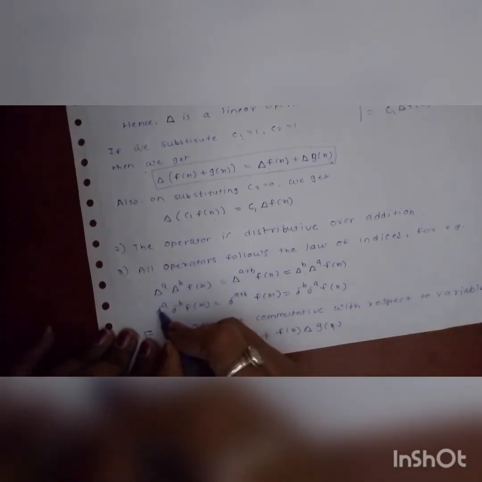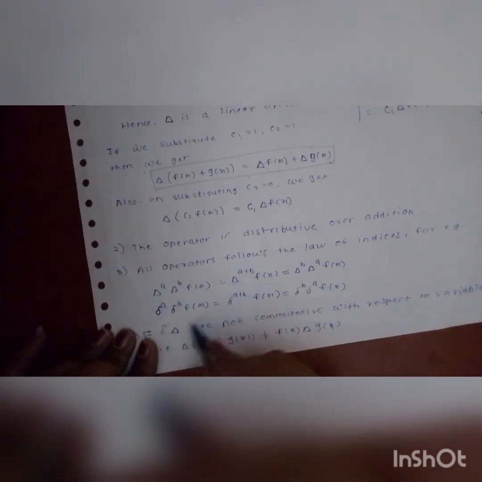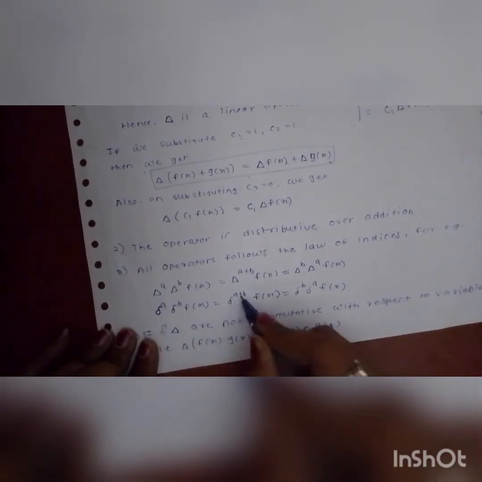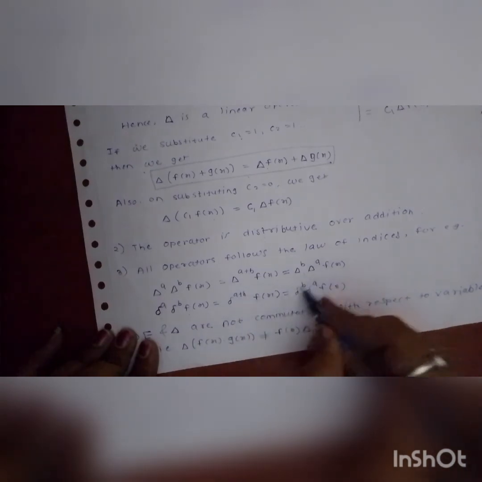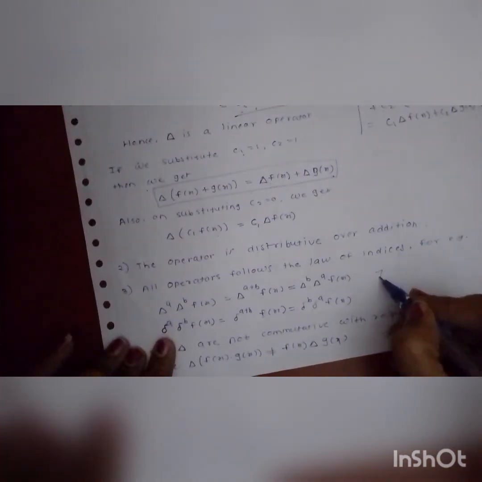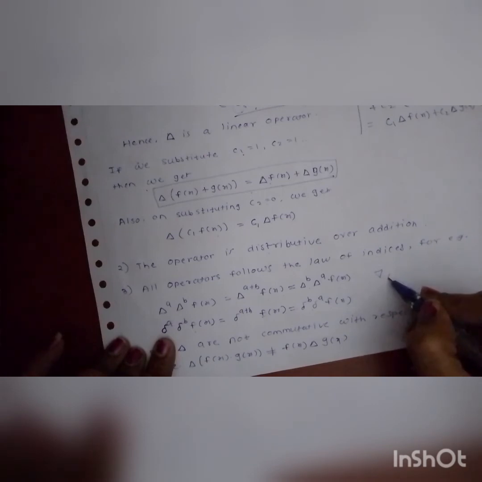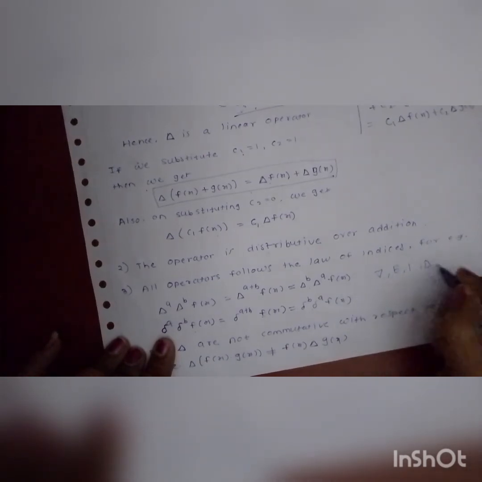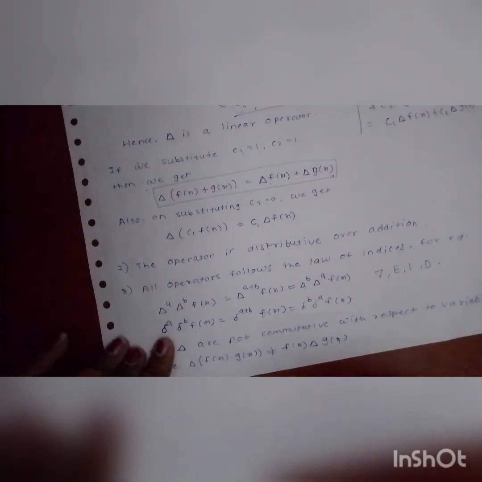Similarly, for the central difference operator delta raised to a, delta raised to b, f of x is delta raised to a plus b f of x, which also equals delta raised to b, delta raised to a f of x. Similarly, we prove this for the backward difference operator, shift operator, unit operator and differential operator.